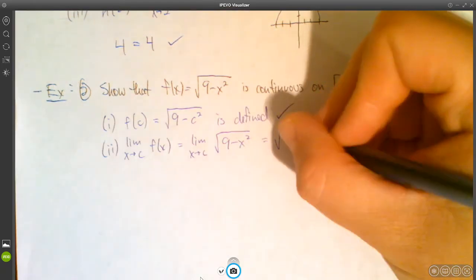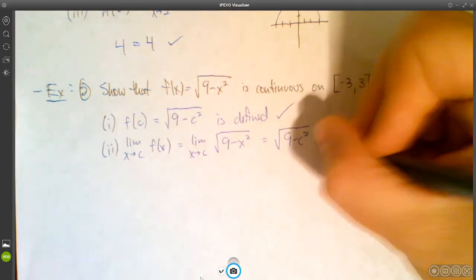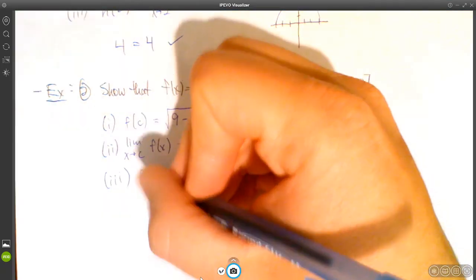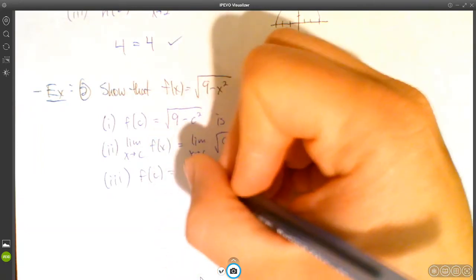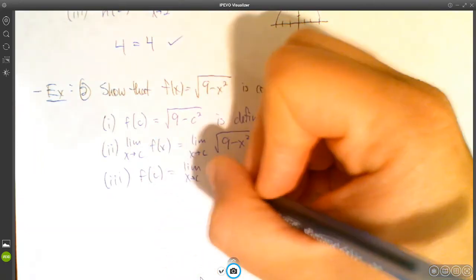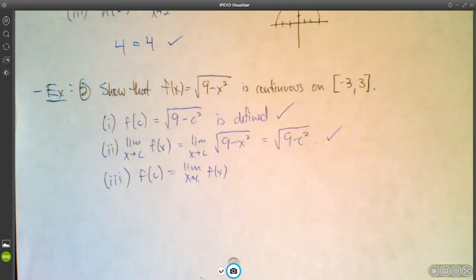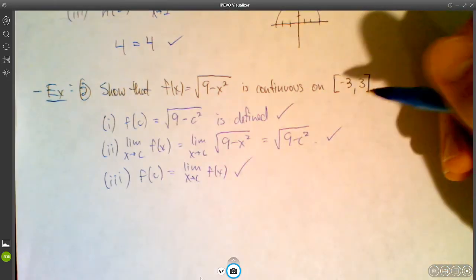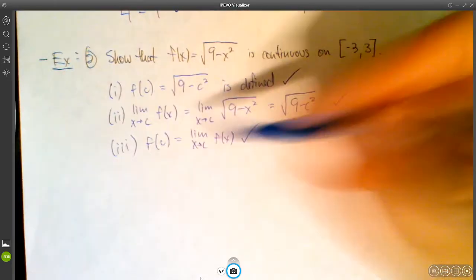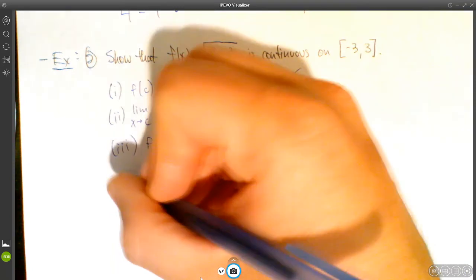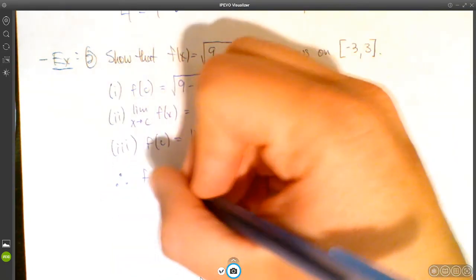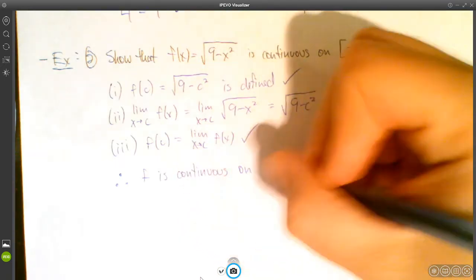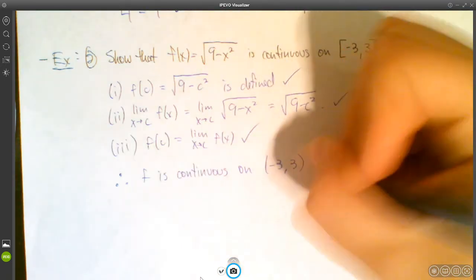We're going to get square root 9 minus c squared. So yeah, that limit also exists. And then the third thing is that f of c has to equal limit as x approaches c of f of x. Well, f of c is square root 9 minus c squared. Limit as x approaches c of f of x is square root of 9 minus c squared, right? So that condition holds. So since those three things hold, we can say, therefore, f is continuous on the open interval from -3 to 3.